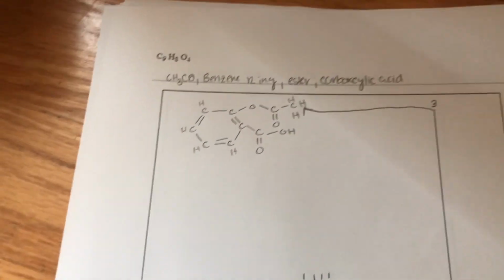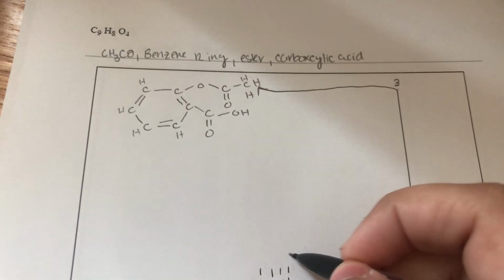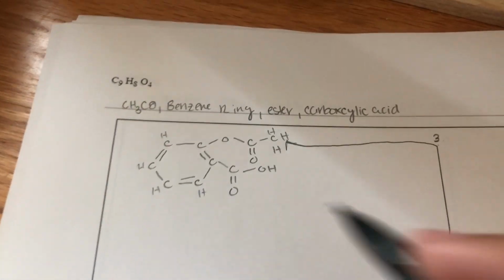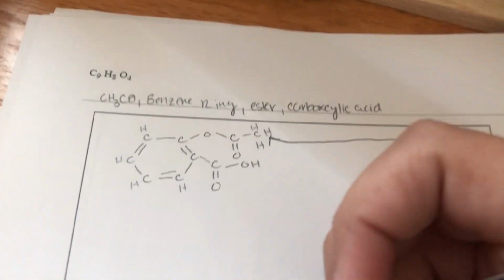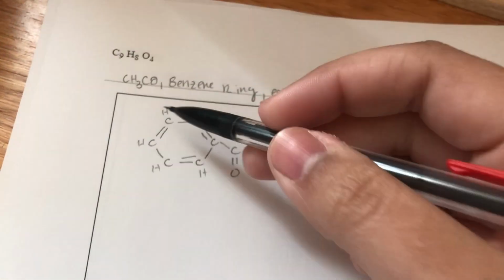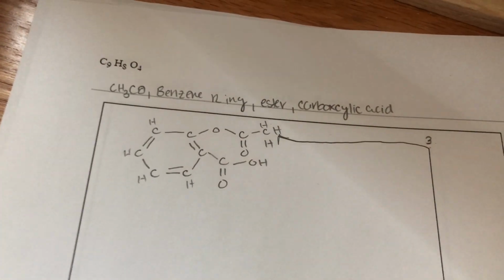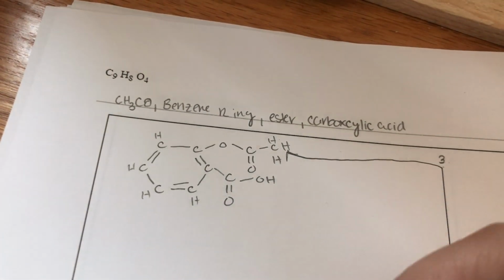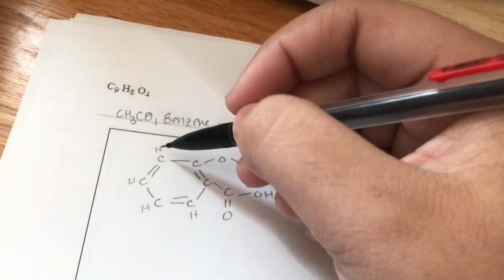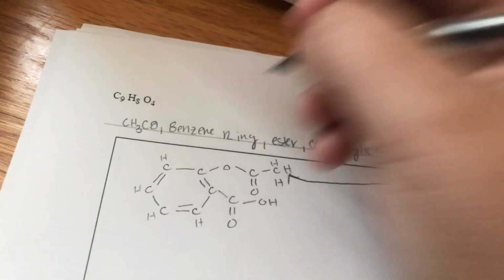And now this group right here is in the benzene ring. So we have to figure out which peak is for which hydrogen. Now, this peak is the most deshielded, so it's going to be this hydrogen. So that is about 8.1.